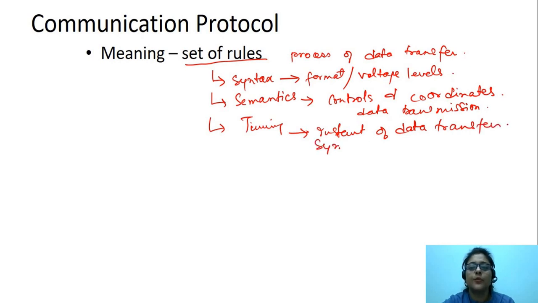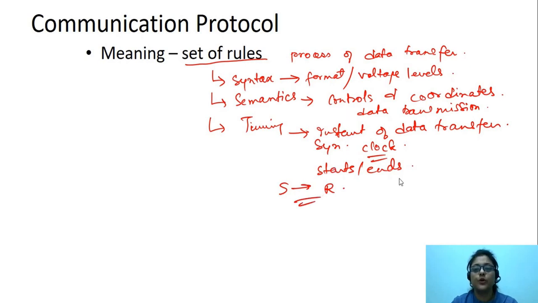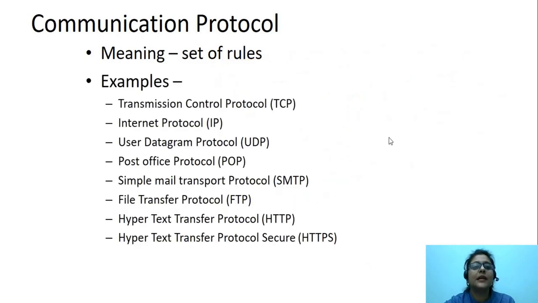For synchronous communication, there must be a clock which indicates when a particular bit starts and when it ends, so that the source and the receiver are synchronized with respect to timing. These are some of the examples of communication protocol.